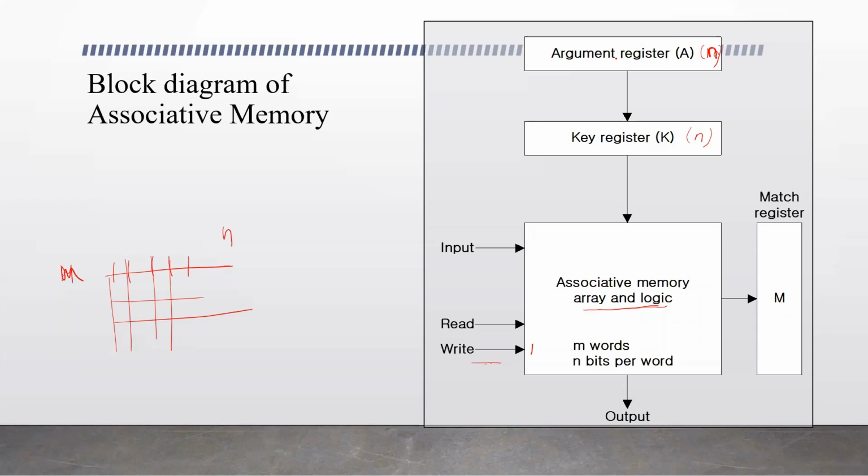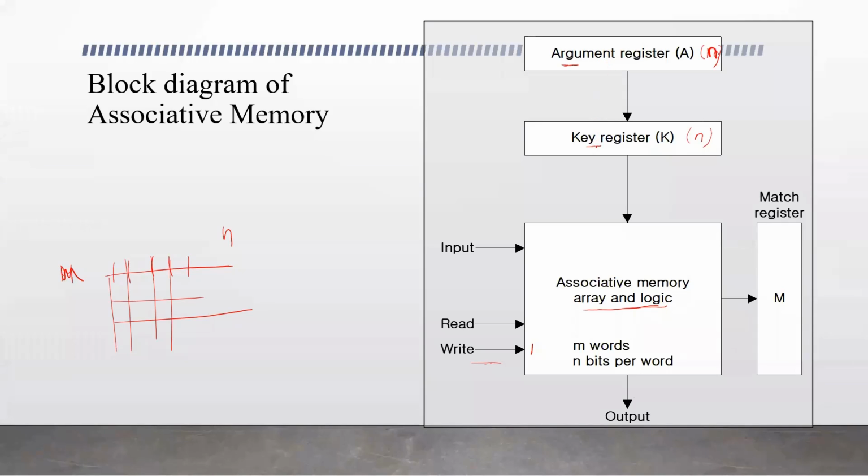To reduce that, a particular key is selected from the word content to be searched. A key can be selected, and that can be compared with the identified bits in each word. That is specified by the key register: which particular bits in the argument are to be selected as the key in the data that is to be searched.